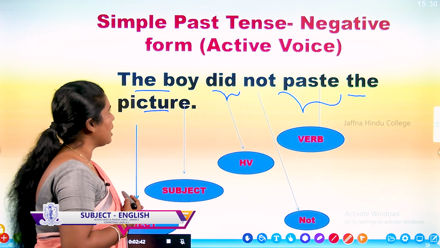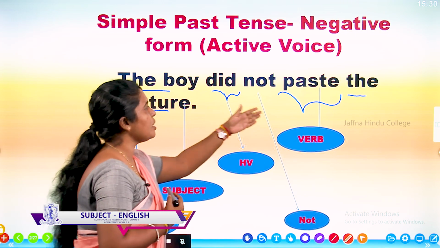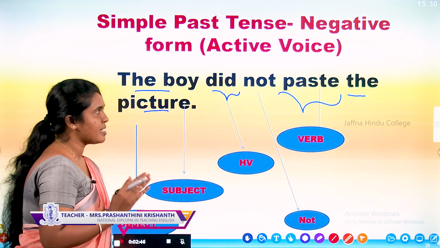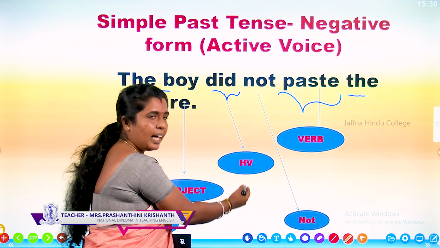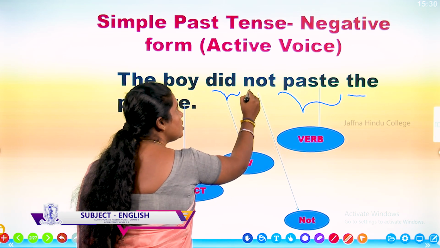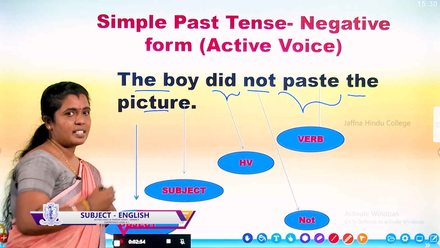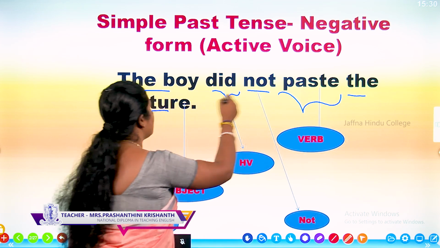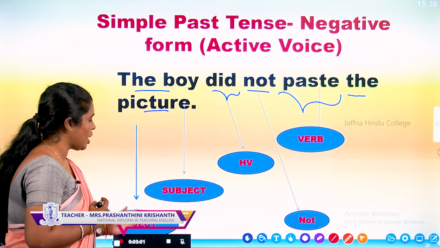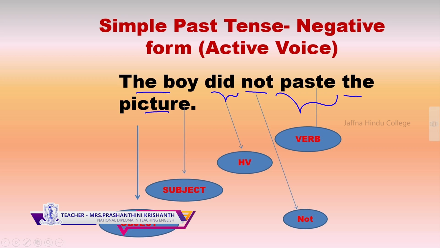So again I am telling, the boy did not paste the picture. In this sentence, subject is the boy, did is the helping verb. We are adding not because this is a negative sentence. Did not paste the picture. So the object is the picture, right?